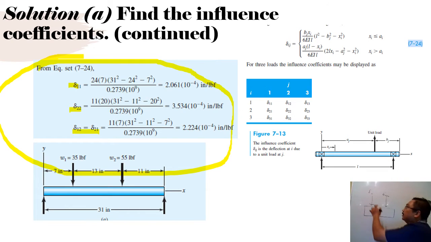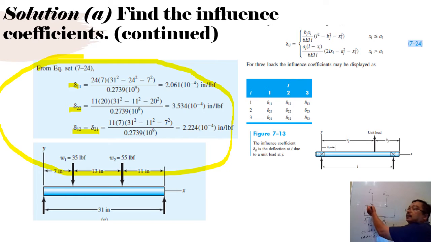D11 and D22. But how about delta 12 and delta 21? It means a relation between delta 1 and delta 2, and also the relation between delta 2 and delta 1.